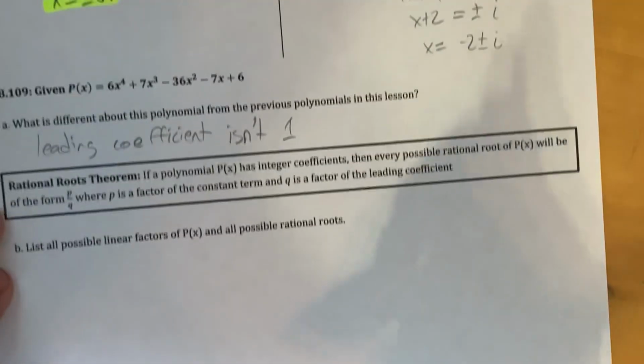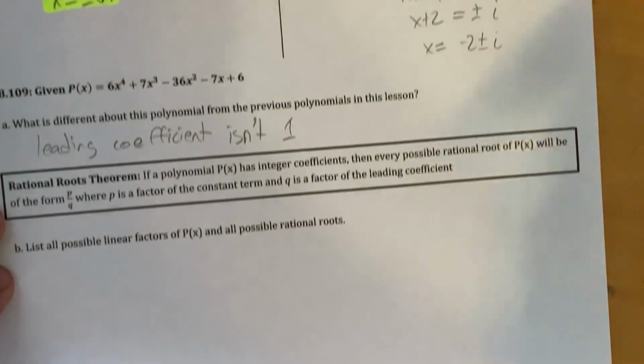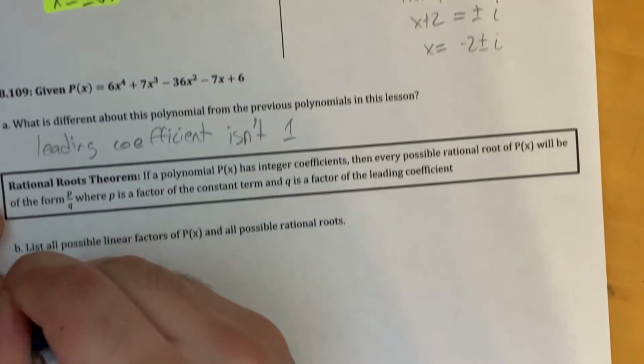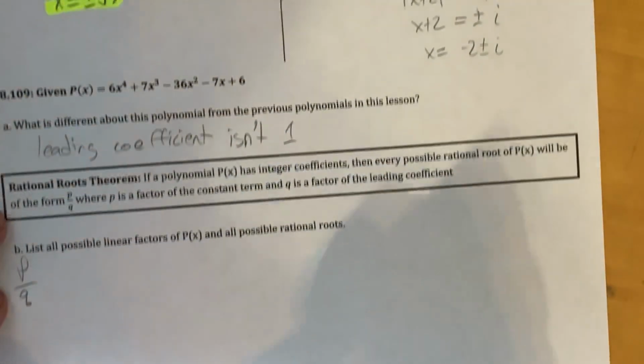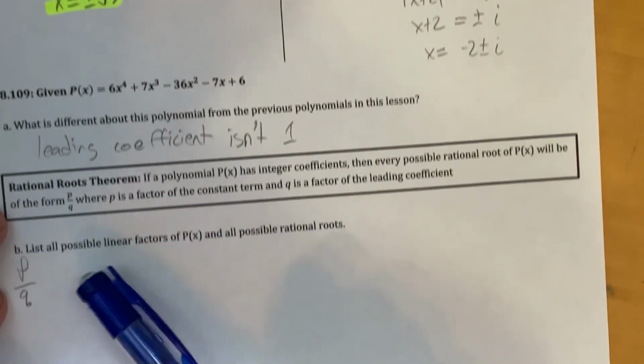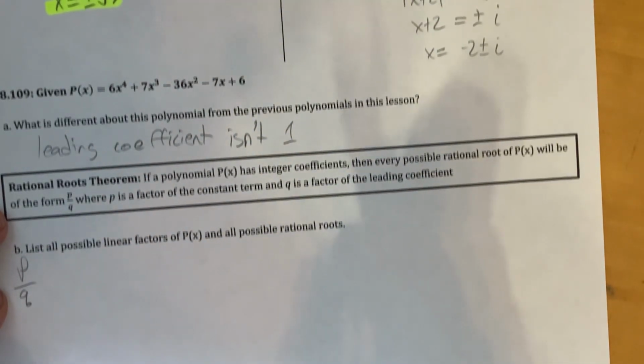So p over q, where p is all of the possible factors of the constant term, and q is a factor of the leading coefficient.